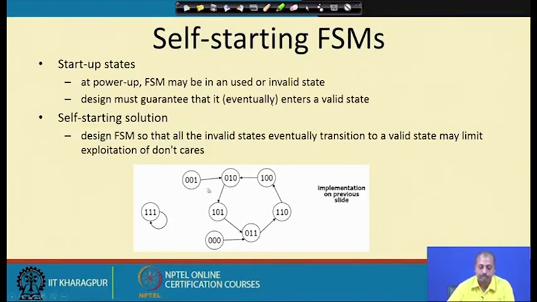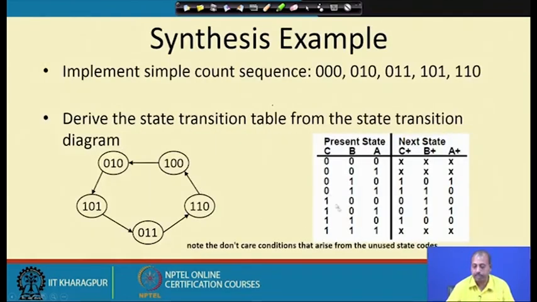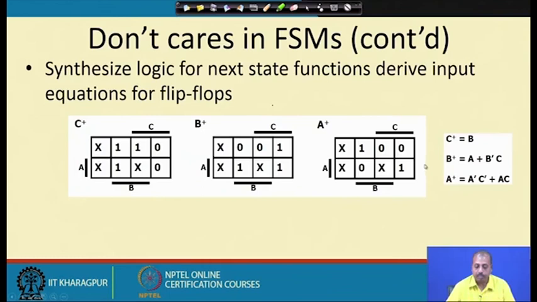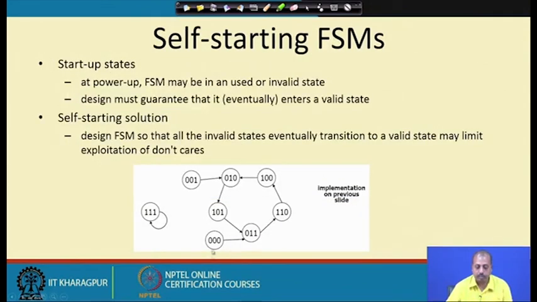Previously, while writing this 0 0 0, we took the next state as do not care, but here we cannot take that. So, if you start the machine at 0 0 0, it will come to 0 1 1. Similarly, if you start at 0 0 1, it will come to the state 0 1 0.